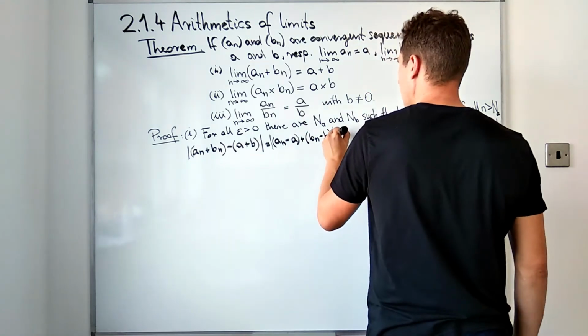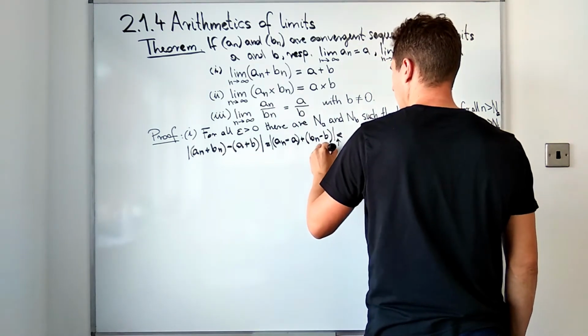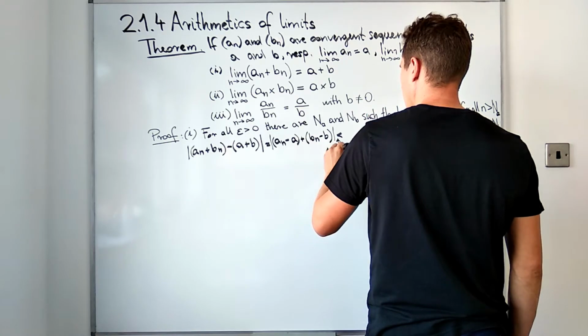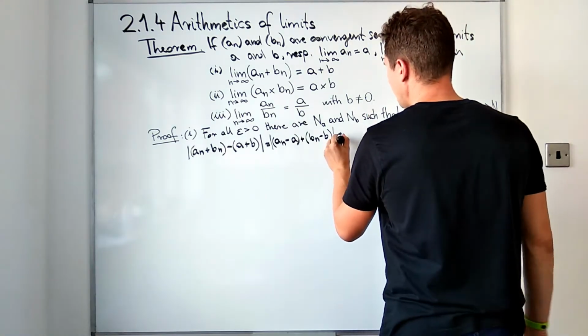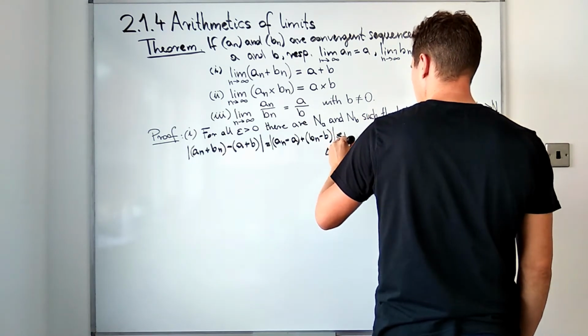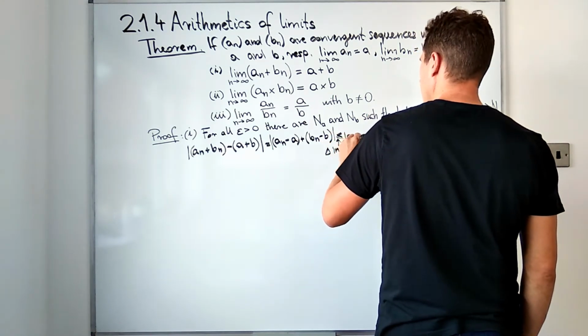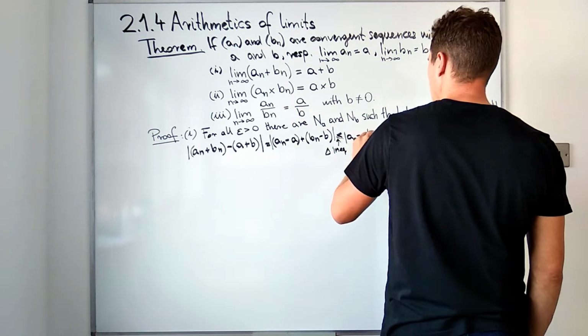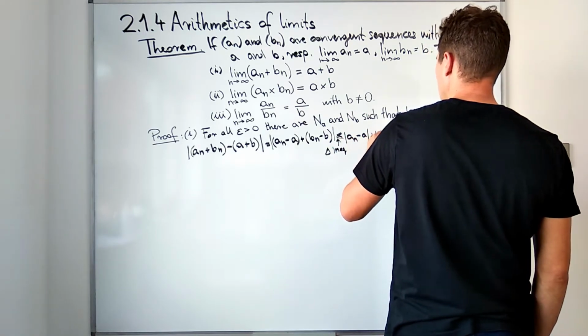And now we can apply the triangle inequality, which will give us something that is less than or equal to the previous expression, and it will be the absolute value of an minus a plus the absolute value of bn minus b.